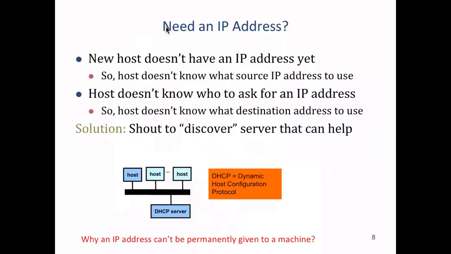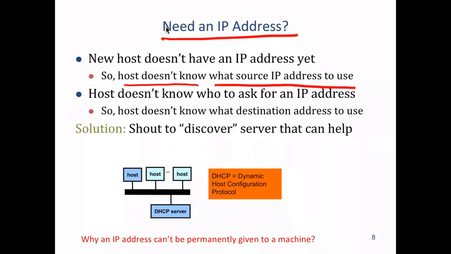Now, she needs an IP address. When I say she, it means that her machine or laptop needs an IP address, and it doesn't know what the IP address is.